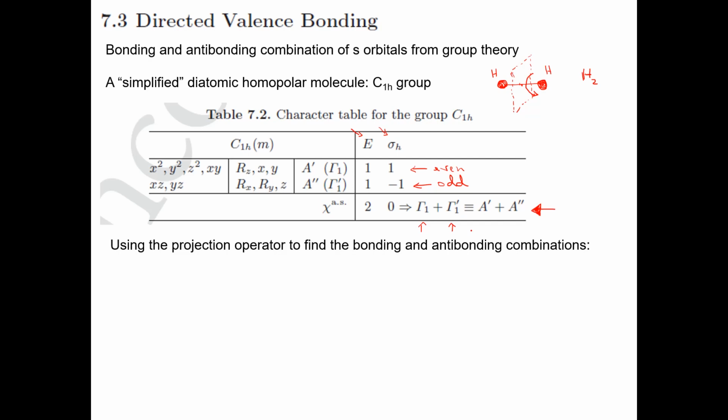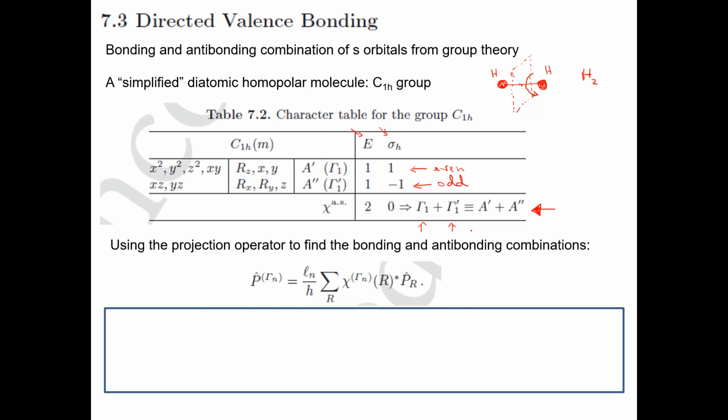Okay, so from the simple analysis, group theory already tells us that. So I can just use this formula of the projection operator, and let me apply the projection operator for the representation gamma 1, the symmetric one.